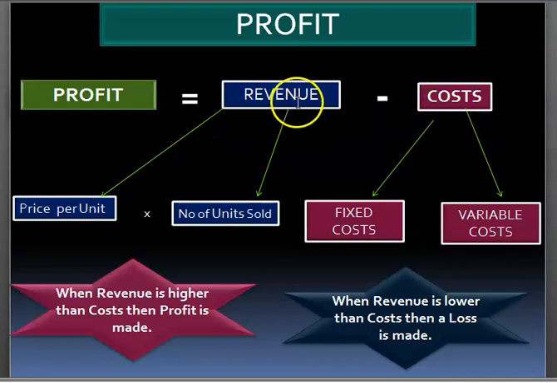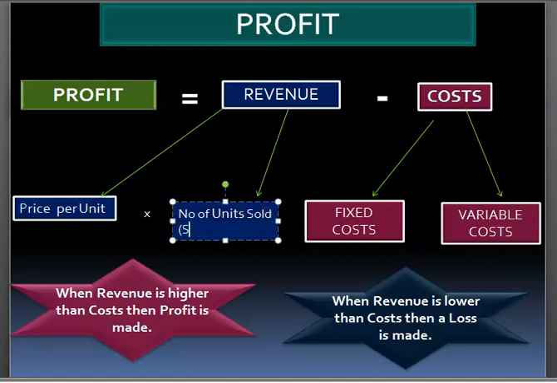Now you've seen how to calculate revenue and cost, because revenue is made up of price per unit multiplied by the number of units sold, or sales. Like I said to you earlier on, this could also be called sales.